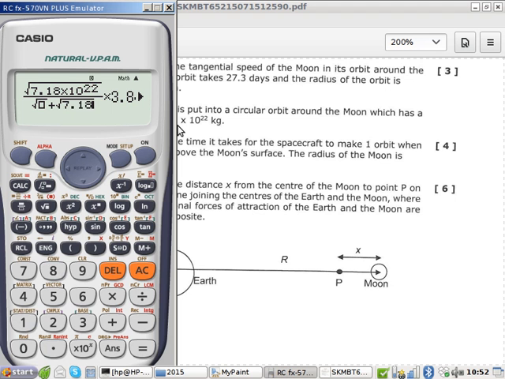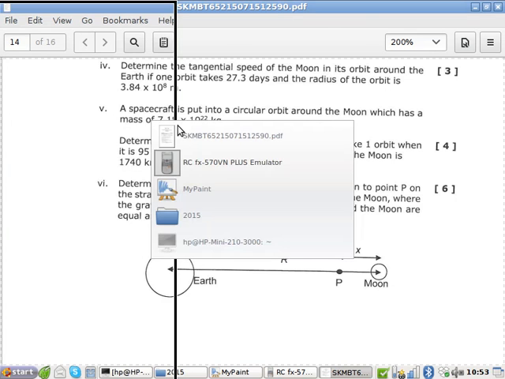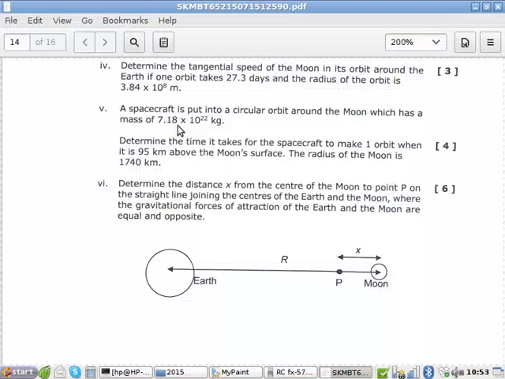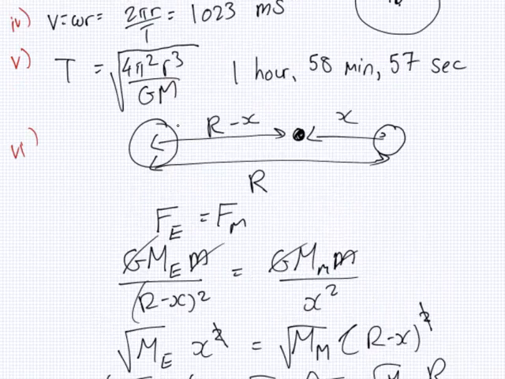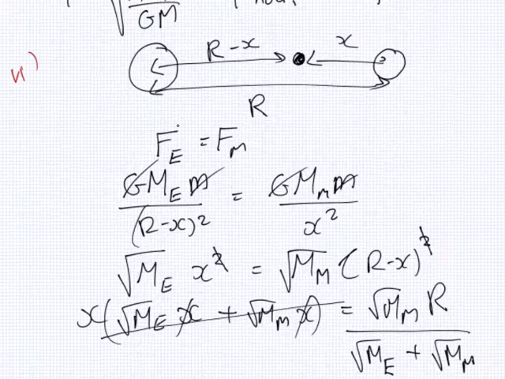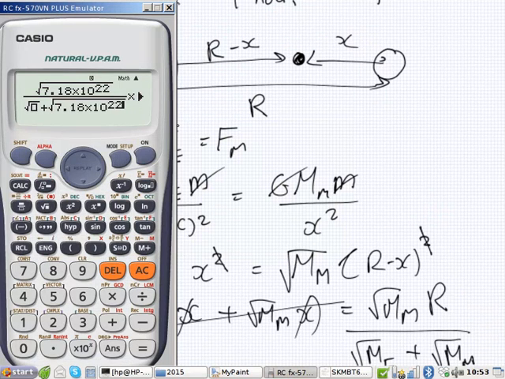They don't multiply, because they're adding. Then finally, mass of the Earth, which we had to work out: 6.02 times 10 to the 24.